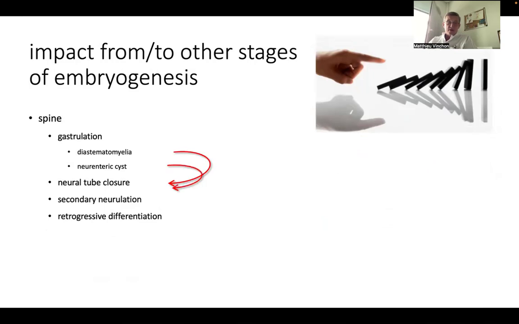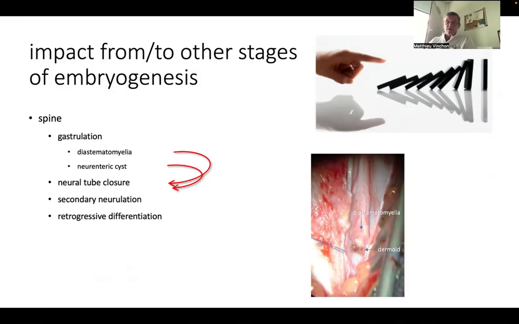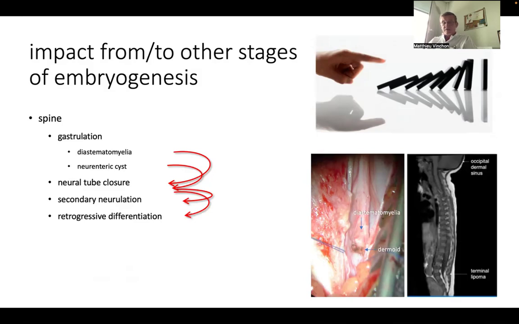And when you have an abnormal neural tube, like in this case, who had diastematomyelia and a dermoid, and reciprocally, you can have a neural tube closure impacting the secondary neurulation, that is the development of the caudal bud, and the next step, which is retrogressive differentiation, which leads to the ascension of the conus. And you can have, like in this case, a tethered cord due to a terminal lipoma in a child who had also an occipital dermal sinus.